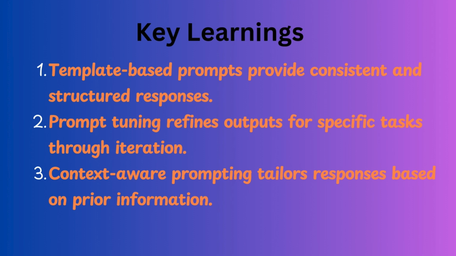Prompt tuning: refining prompts through iteration helps improve clarity, specificity, and focus. This method is essential for optimizing output for more complex or targeted tasks. Context aware prompting: adding relevant background information ensures the AI tailors its response to meet specific needs.